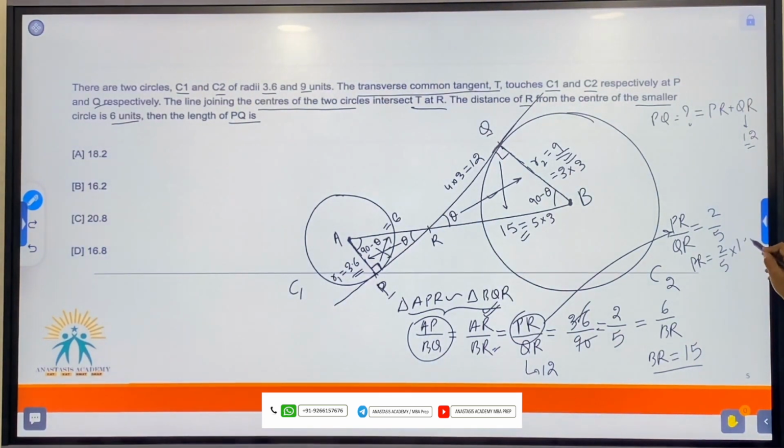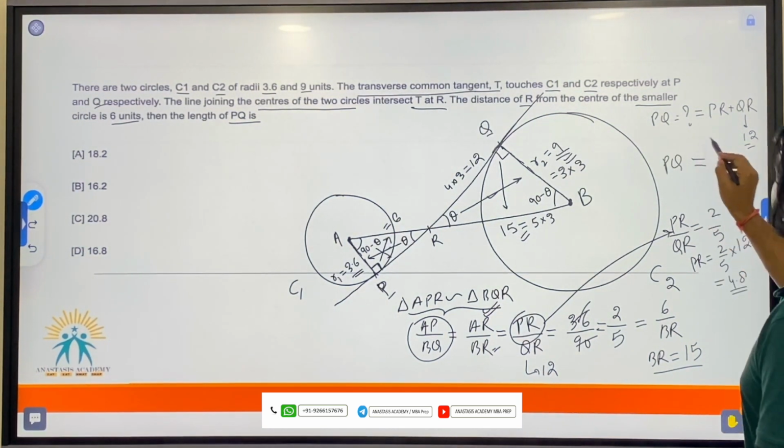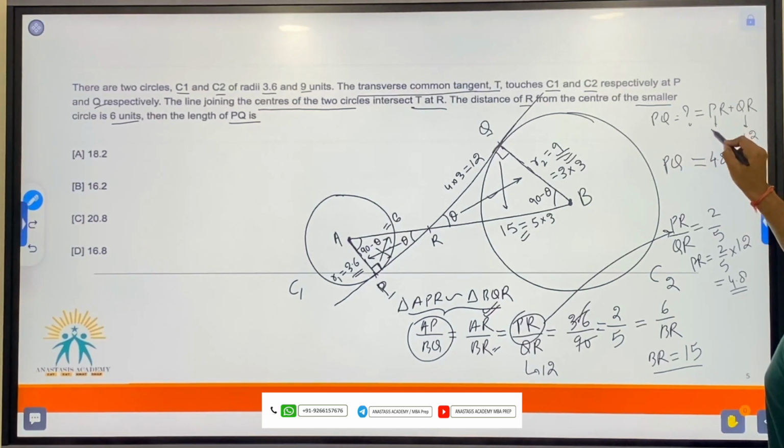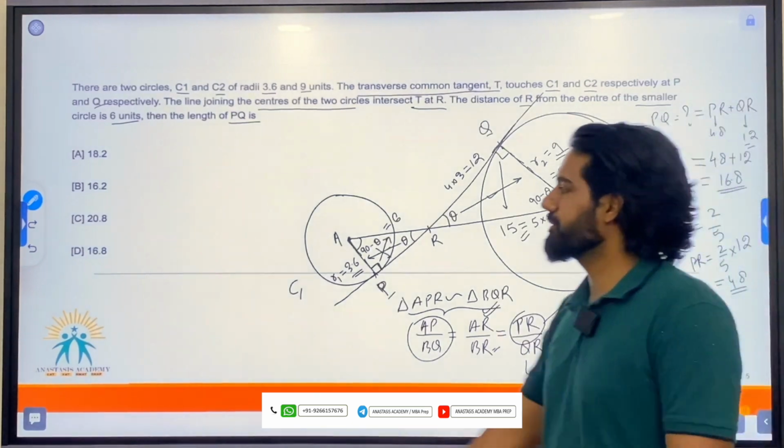QR is 12, right? So I get 24 by 5, which is 4.8. So the length of PQ would be 4.8 plus 12, which is equal to 16.8 units. So the correct answer to this question would be option D.